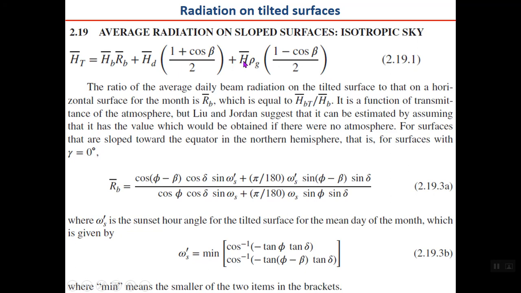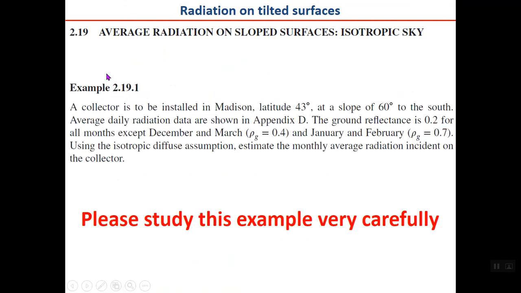For example, H bar is the monthly average daily total radiation on a horizontal surface. H bar D is the monthly average daily diffuse radiation on a horizontal surface. H bar B is the monthly average daily beam radiation on a horizontal surface. And I showed you how to calculate all these parameters today, so it will be simple to do that.